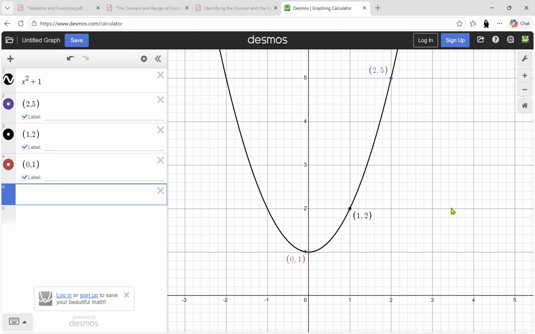When f of x is equal to 2, what is x? One, and one and two. No, 1 here.